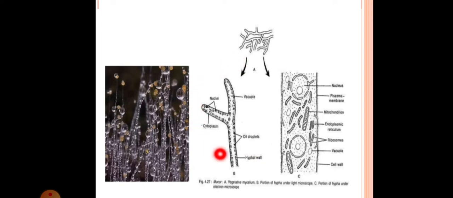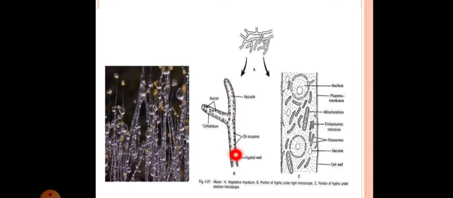This single structure is the hyphae, and a large number of hyphae is known as what? The mycelium. So here you can see the cenocytic hyphae, without cell wall and without septa. Here the nuclei are present, and vacuole is present.